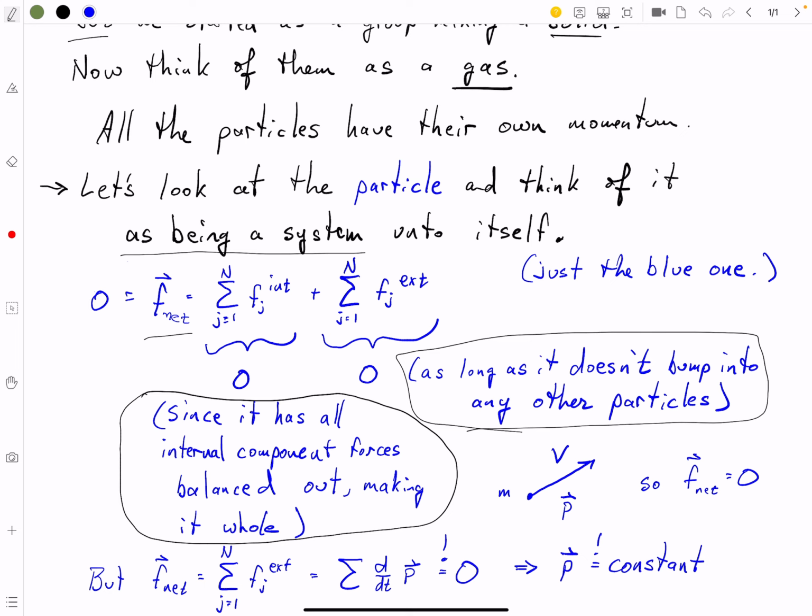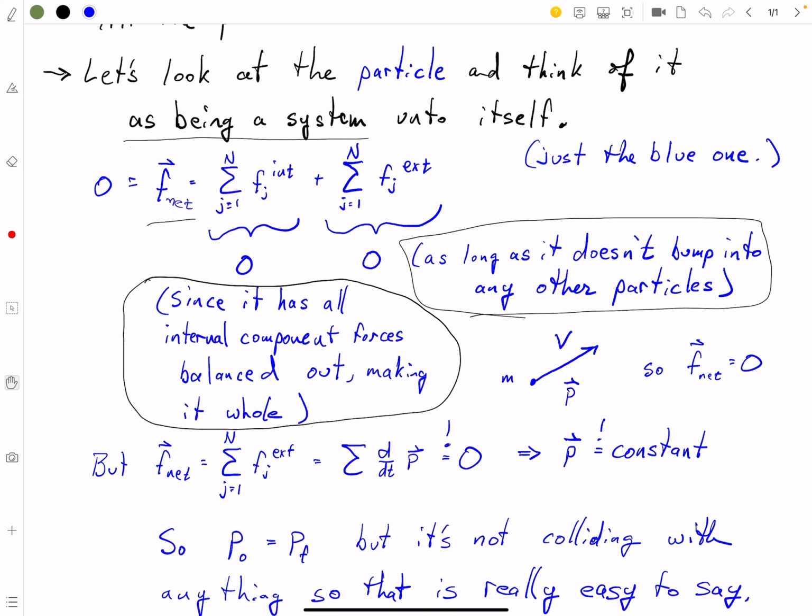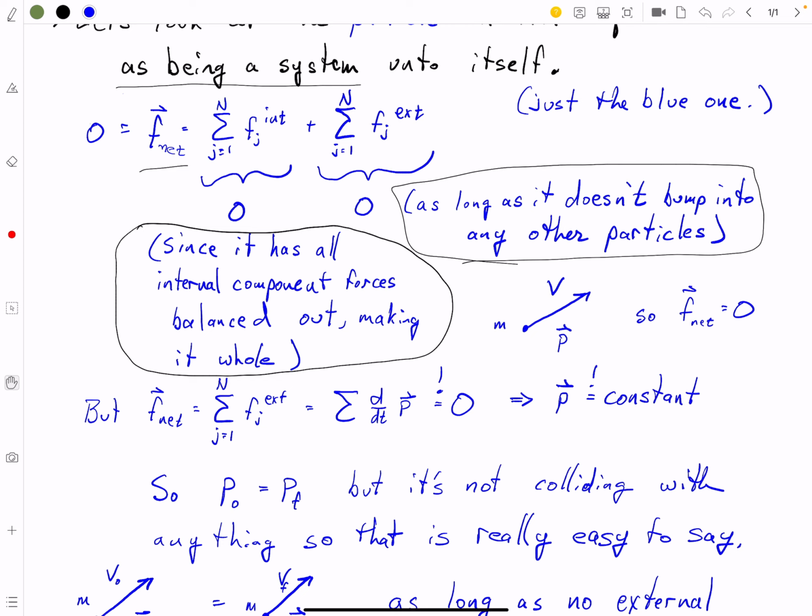It's not hitting anything else, it's in between hits. And it has a certain momentum in between hits. That momentum we can see right here. Okay, so that's our momentum for that guy, and F net is equal to zero. But also F net equals this equation here, which is really dp/dt.